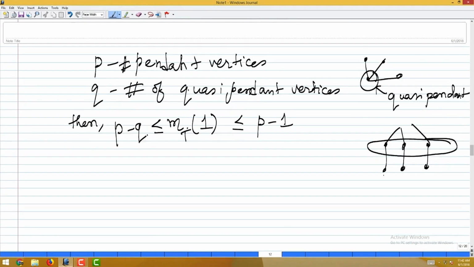So, in the case if p is equal to q, you can simply see that the multiplicity could be 0 also. So, that means 1 does not occur as an eigenvalue, that is also a possibility. So, these are some results which I just wanted to share about Laplacian eigenvalues.